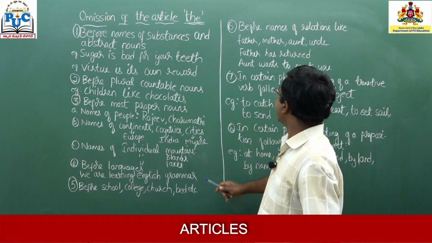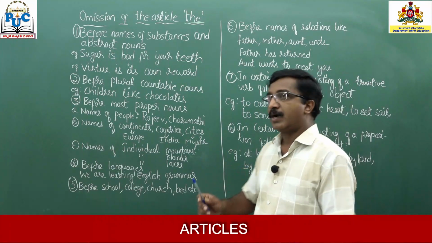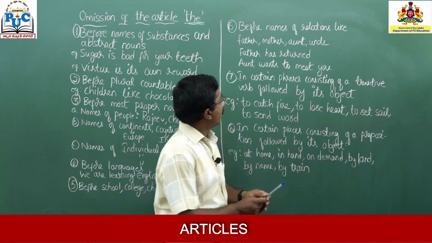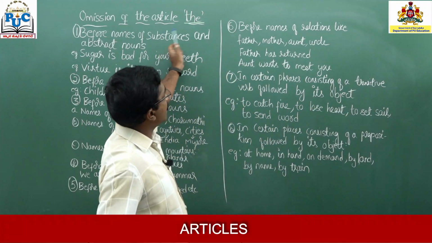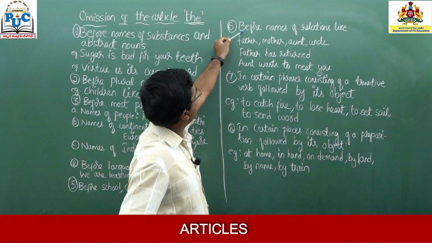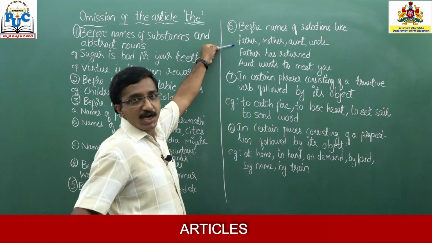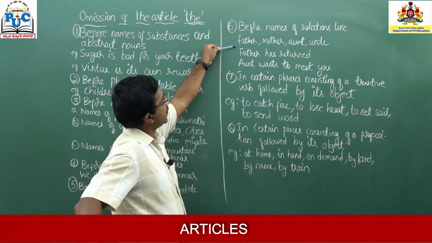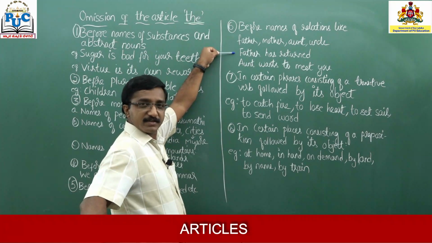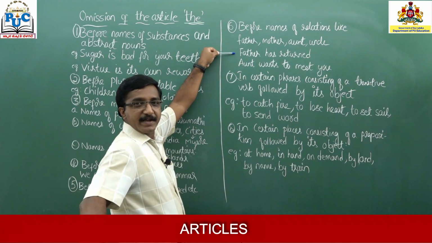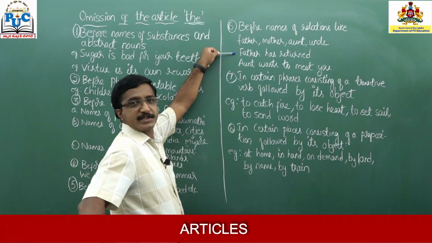Okay. Next, we are not supposed to use "the" before names of relations like father, mother, aunt, uncle, etc. Say, "Father has returned." Don't say "the father has returned".